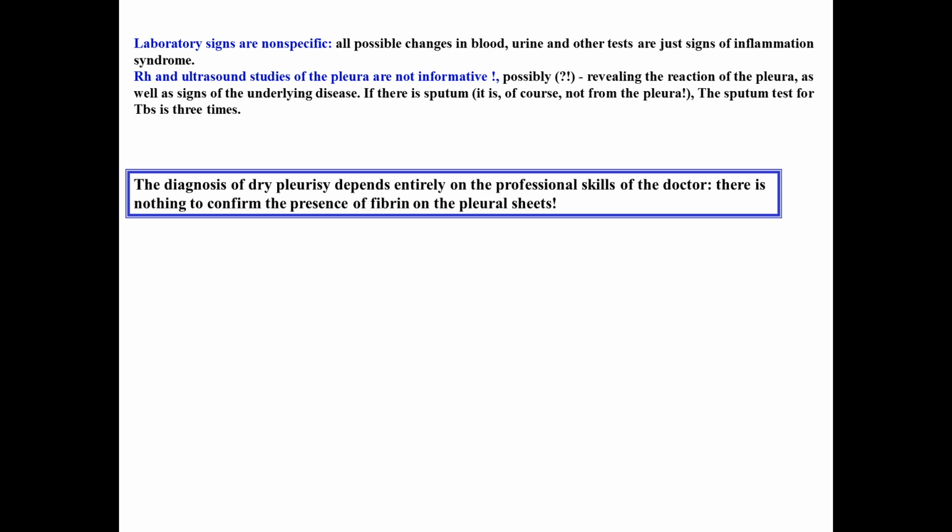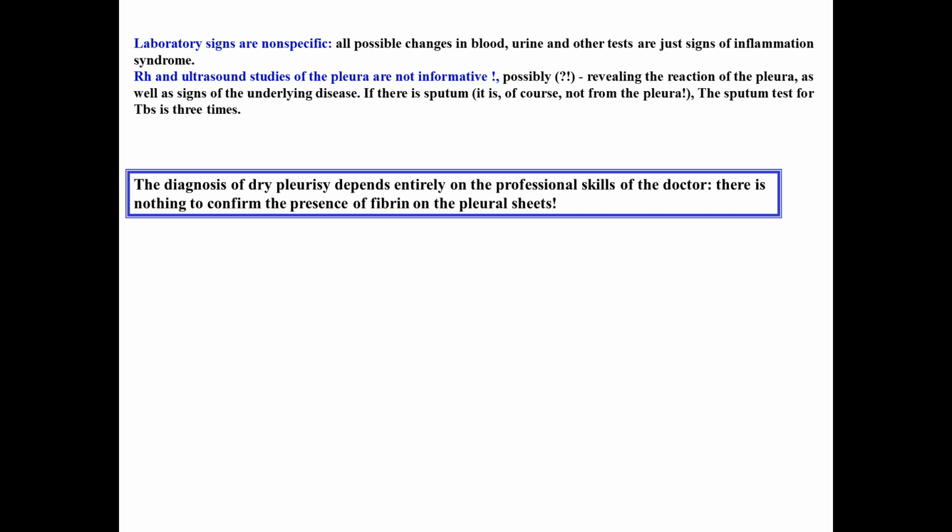Laboratory signs are non-specific. All possible changes in blood, urine, and other tests are just signs of an inflammation syndrome or signs of the underlying disease. X-ray and ultrasound studies of the pleura are also non-informative, and may give us only signs of underlying diseases.